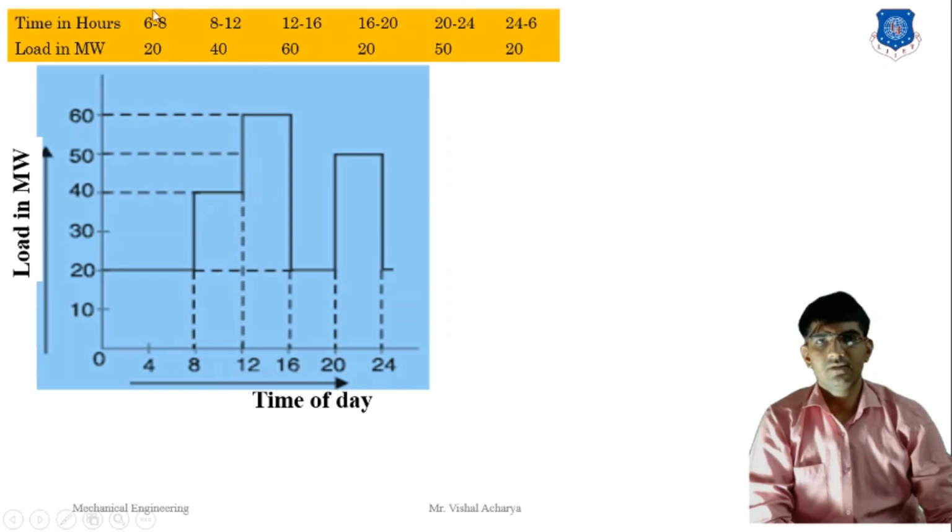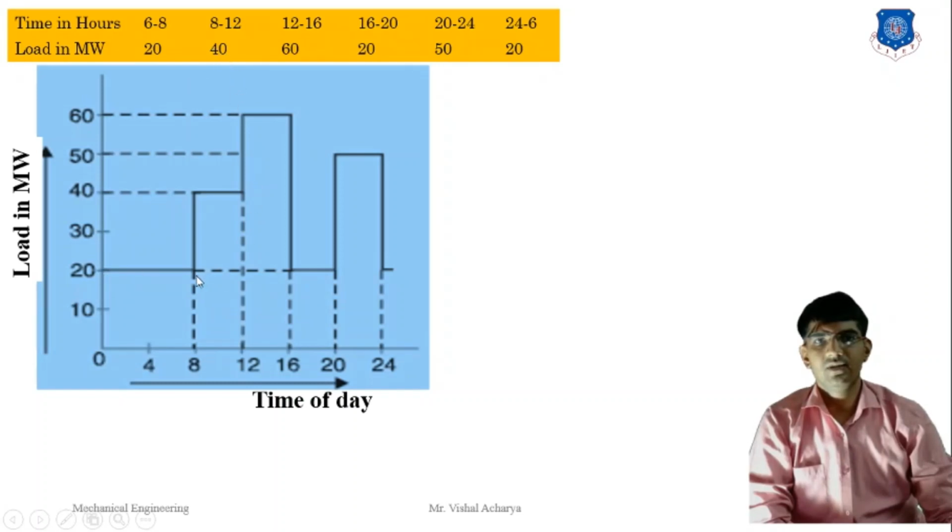First we draw the daily load curve. From 24 to 6 the load is 20, and 6 to 8 is 20, so 0 to 8 means 20 megawatt. Next, 8 to 12 hours requires 40 megawatt.